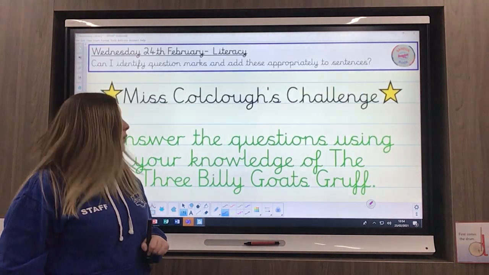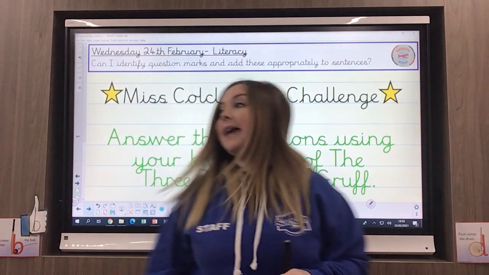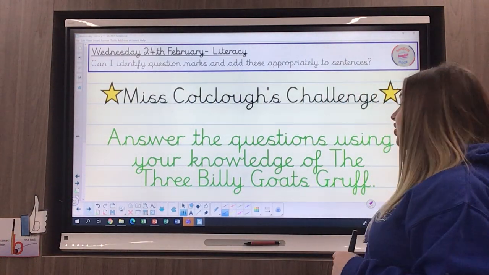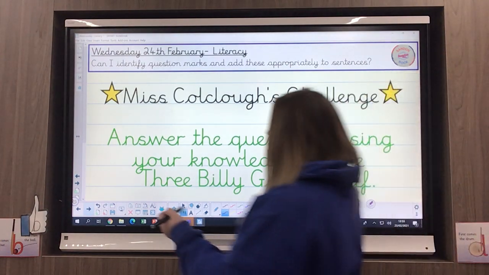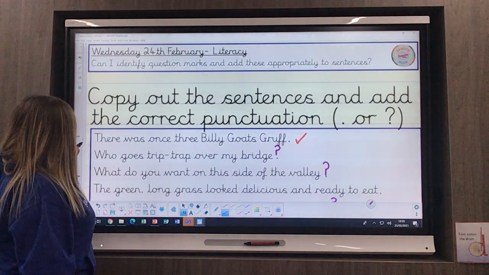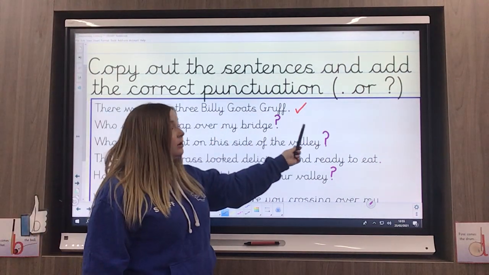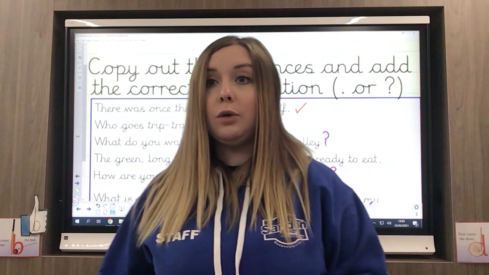Good practice for us. And then my challenge for you today is to have a go at answering the questions using your knowledge of the three billy goats gruff. So these questions that you've got written in your book, the ones with question marks at the end, I want you to answer those questions.